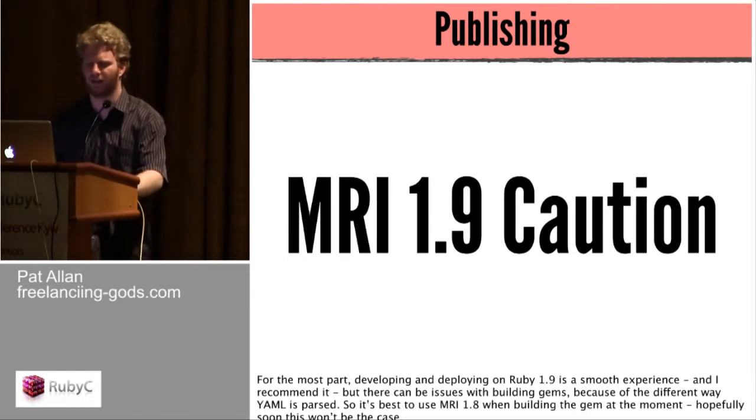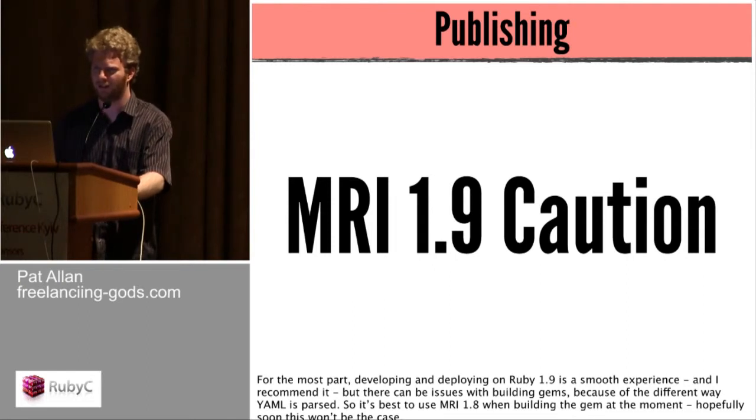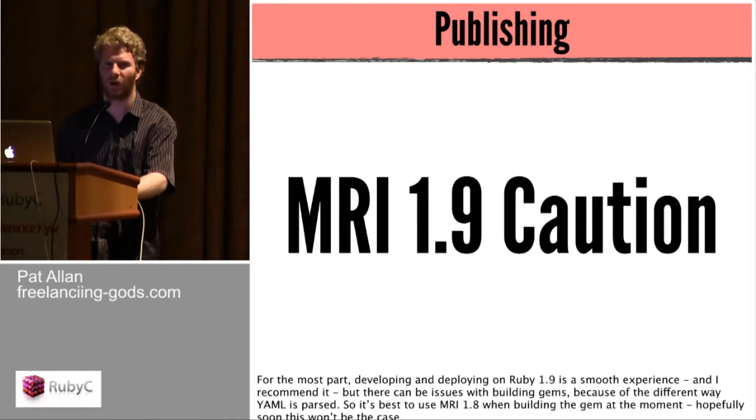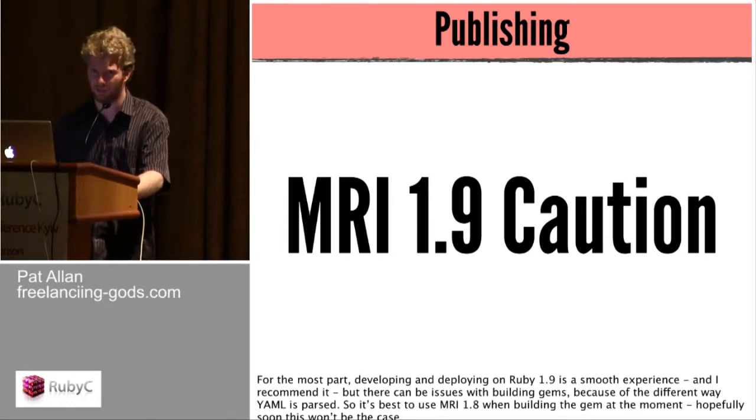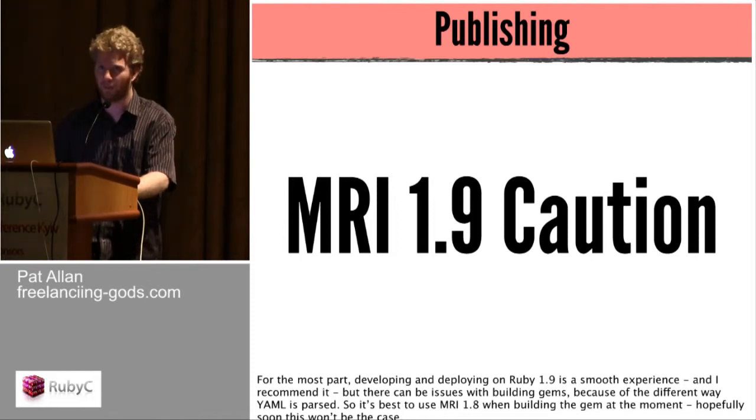Now, something I've noticed recently is that you probably want to publish any gems right now using 1.8, because 1.9 has a different way of parsing YAML, and YAML is used in the metadata in your gem.